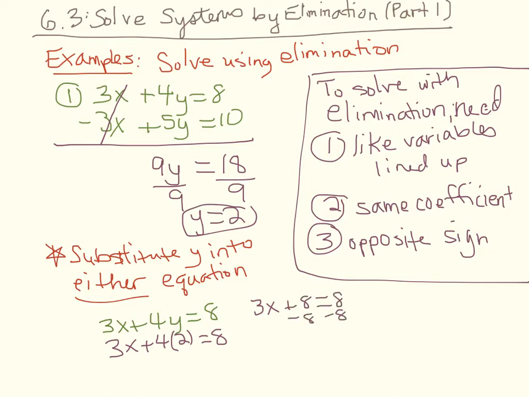This one's really nice because I'll actually find that I end up getting 0. Remember, 0 divided by anything is going to be 0, so my x is 0. So your answer, you can either write it as x equals 0, y equals 2, or you can just write it as 0, 2.